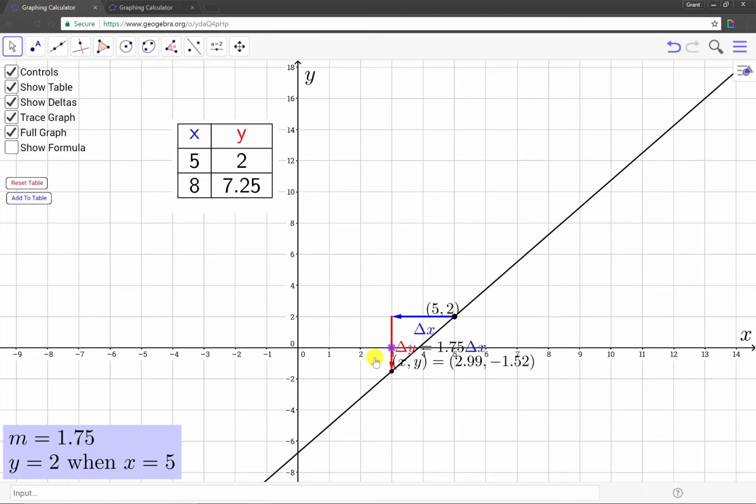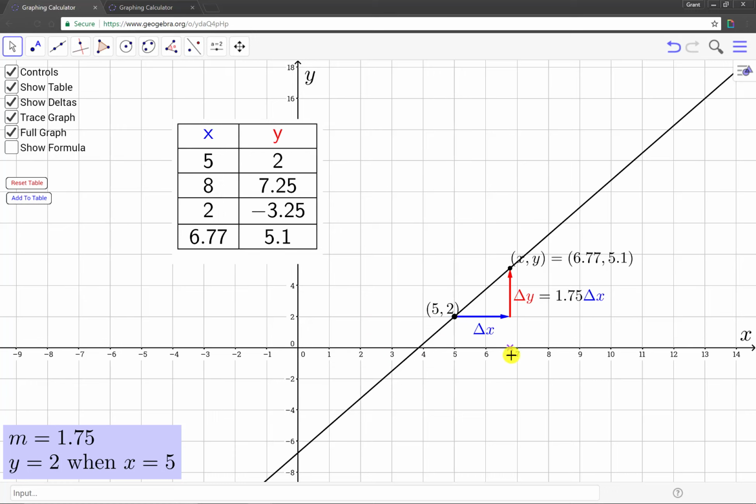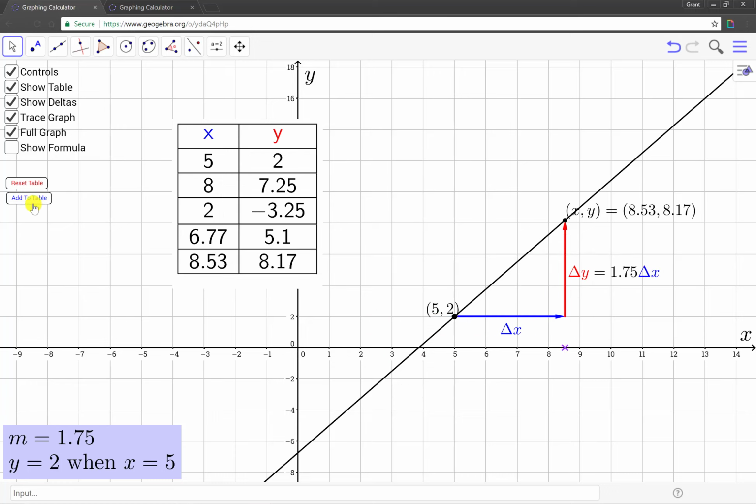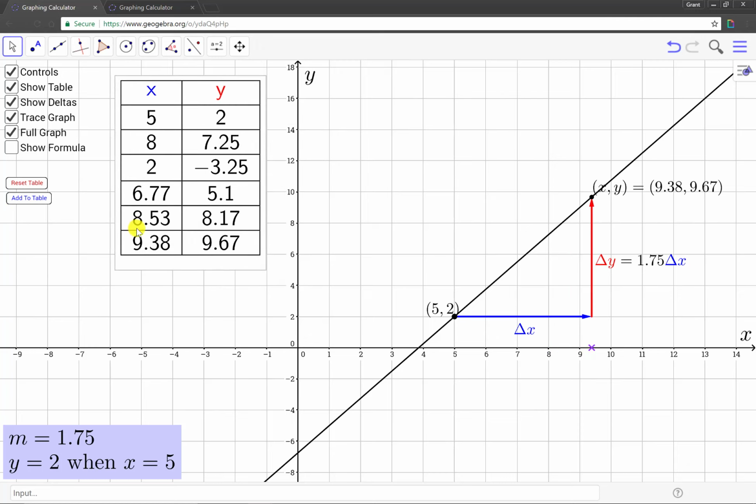Similarly, when x equals 2, y is equal to negative 3.25, and we can add this to our table. Since we're building this table, we can make it as large as we want. If we add as many points as we want, we can make this table longer and longer.